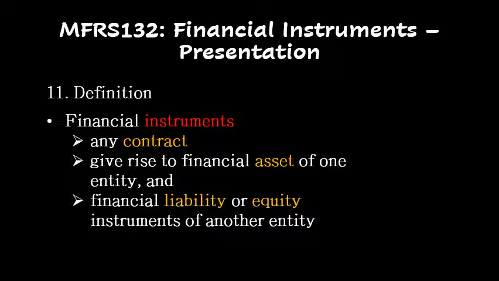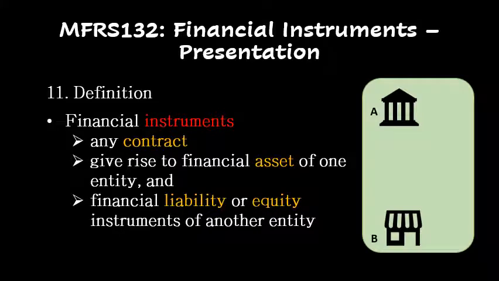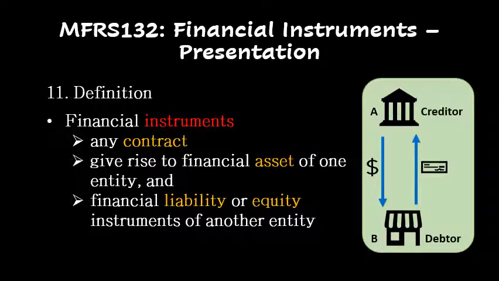To illustrate, say we have two separate institutions, A and B, that come together to establish a contract. B issues a written document or a certificate or a promise to pay to A. In return, A transfers a certain amount of money agreed within the contract. So A will be the creditor and B becomes the debtor, something that we are familiar with.